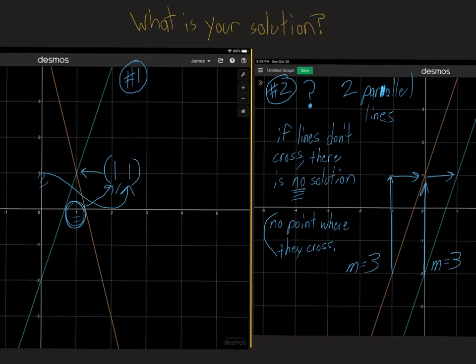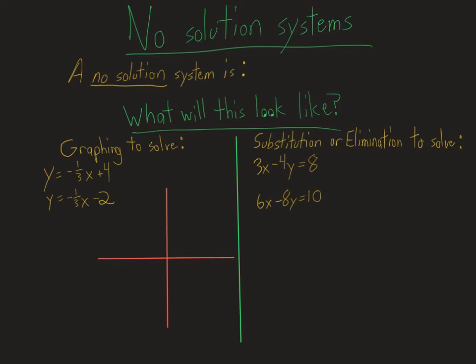So we can see if a system of equations makes lines, and we have 2 of them that are parallel, by definition they'll never cross, which means we can't get a solution point. We can't find an XY that's on both lines. There is no point on both lines. Okay, so that's called a no solution system.